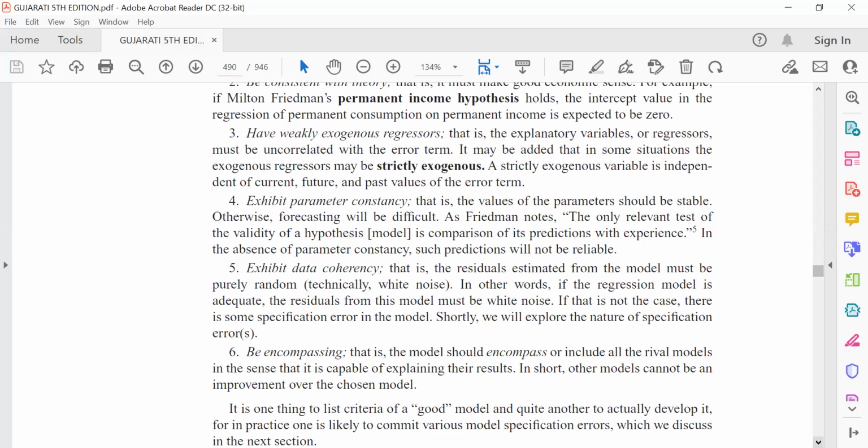Number 6, the model encompasses. The model should encompass or include all the rival models, in the sense that it is capable of explaining their results.